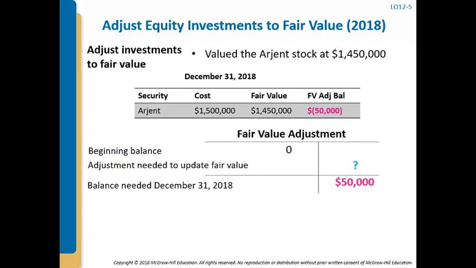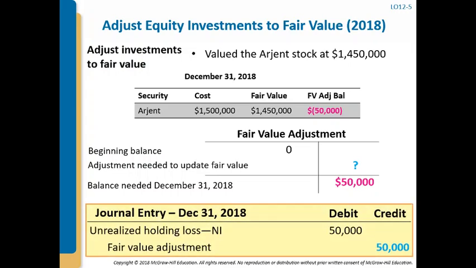If you recall, you're going to make an adjustment. If you have a loss here, you're going to debit unrealized holding loss for $50,000, and your credit is going to be to fair value adjustment, with the loss going to net income.